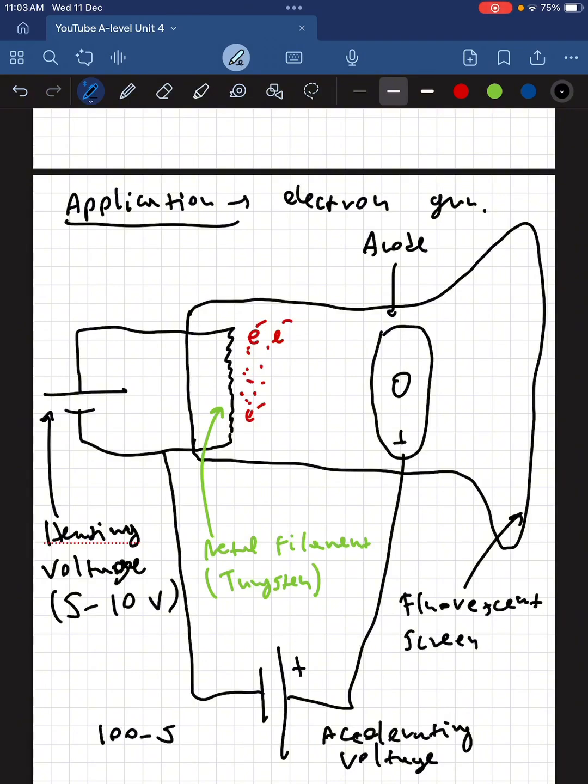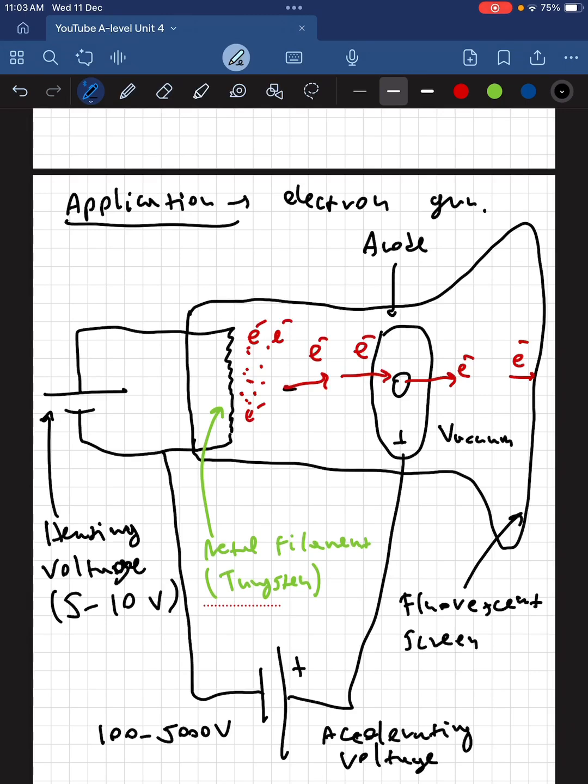And how much is this voltage? 100 to 5,000 volts, okay? Now this voltage attracts the electrons, which pass through the anode and hit this fluorescent screen, okay? And this whole thing is in a vacuum.